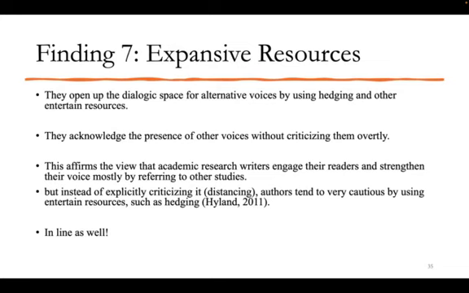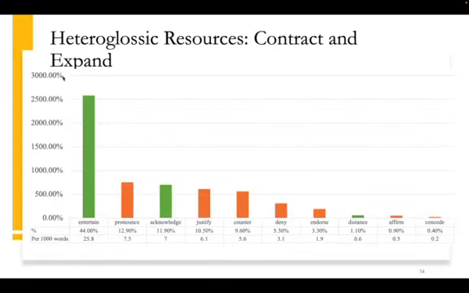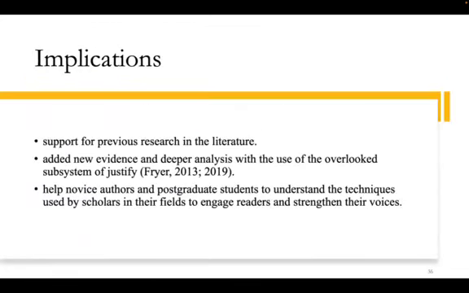And this is in line with previous research as well. So if we look in here, we have entertain, as we said, the highest. So hedging, other models as well, acknowledging here among the highest, and then distance the least, so they avoid criticizing others. Implications. Our study provides evidence and support for previous research in the literature.